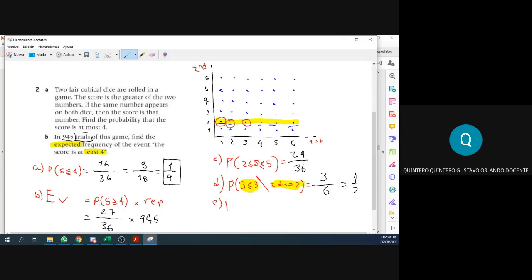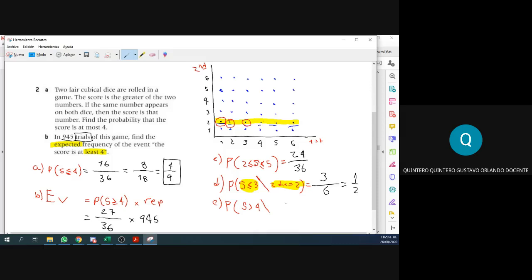All right. Another conditional probability. Let's make this score bigger than 3. Bigger than 3. All right. No, bigger than 4 in this case. Bigger than 4. All right.